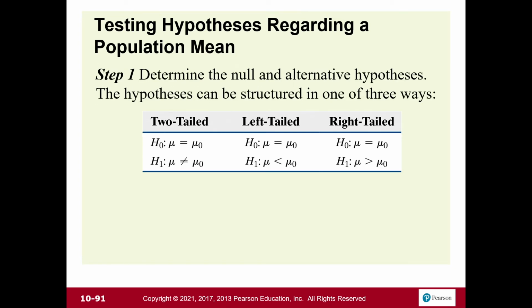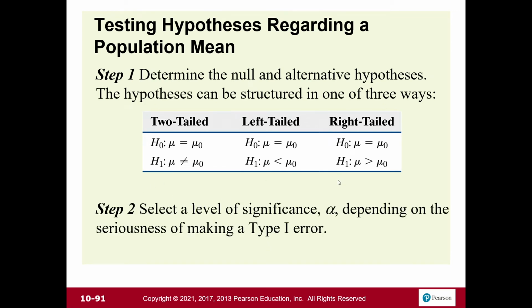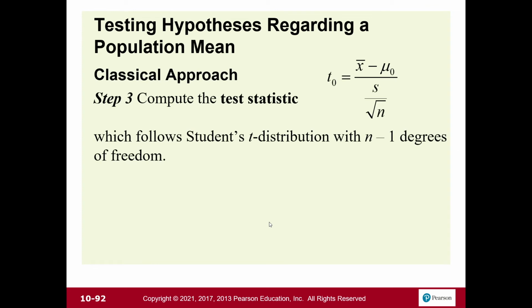So, step 1, we'll determine the null and alternative hypothesis. The hypothesis can be structured in one of 3 ways. Step 2, select a level of significance, we'll call it alpha, depending on the seriousness of making a type 1 error. And then compute the test statistic given by this formula. Look at that standard error there.